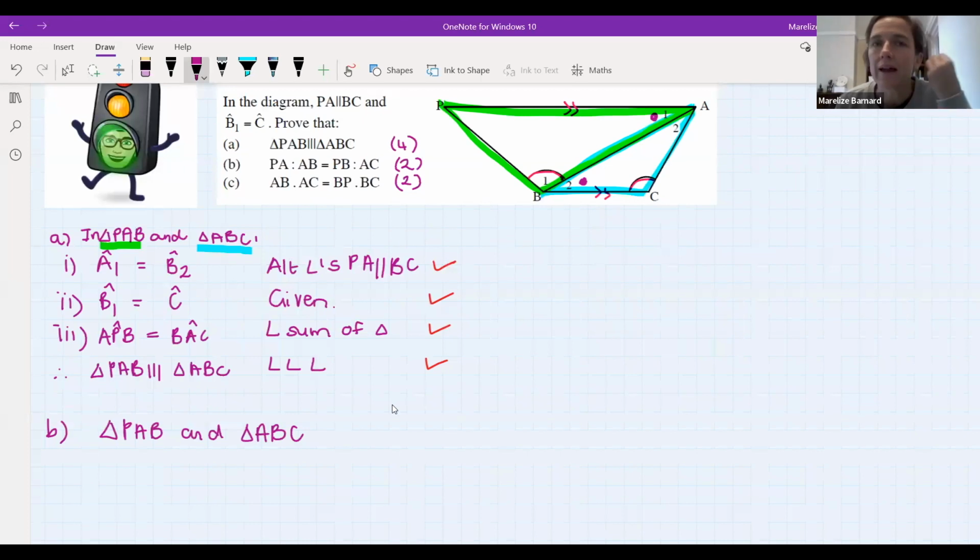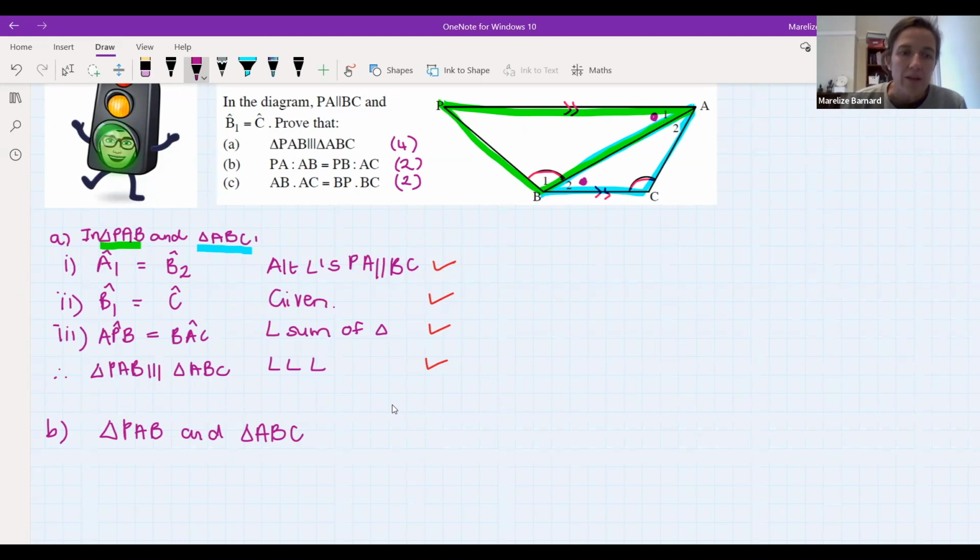The fact that they have 3 angles that are the same. So the parallel lines are there to help us find those equal angles. In itself, the parallel lines is not a reason for an angle to be equal or for similarity. So always when you write down your proof for similarity, you must be writing about angles that are equal. Does that make sense? Yes, ma'am. Thank you. Okay.